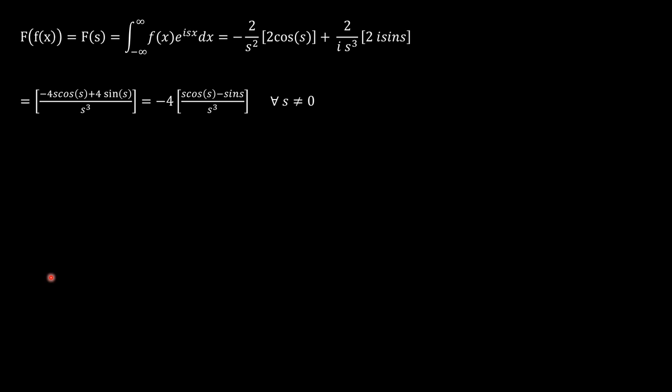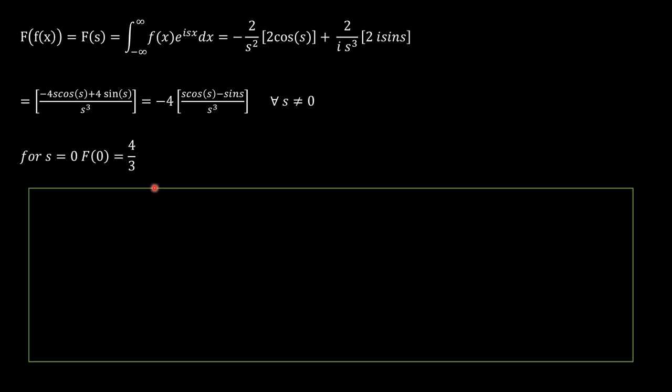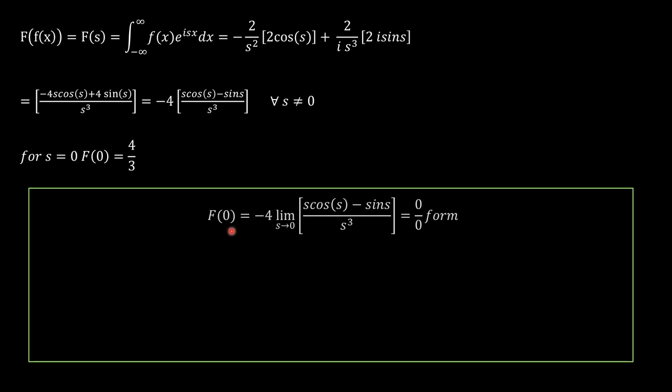But if I want to see the Fourier transform of the function in the closed neighborhood of s is equal to 0, the Fourier transform approaches the point 4 by 3. And here is the description of it. The Fourier transform of the function at s is equal to 0 is given by minus 4 into limit s tending to 0 of (s cos s minus sin s) by s cube, which is a 0 by 0 form.